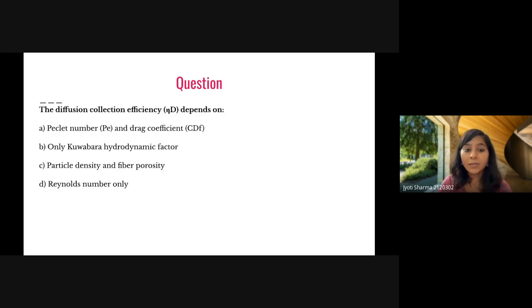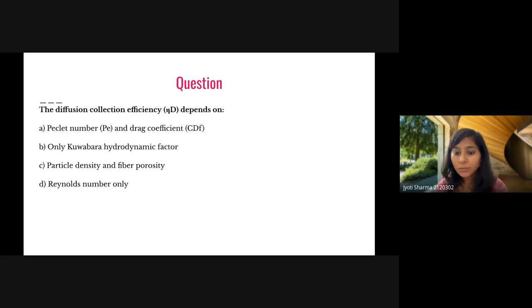Okay, we have efficiency due to diffusion, due to interception, and due to inertial impaction. If we are talking about the diffusion collection efficiency, what will it depend on? Peclet number and drag coefficient, only the Kuwabara hydrodynamic factor, particle density and fiber porosity, or Reynolds number only?